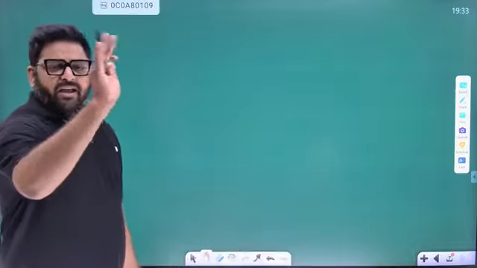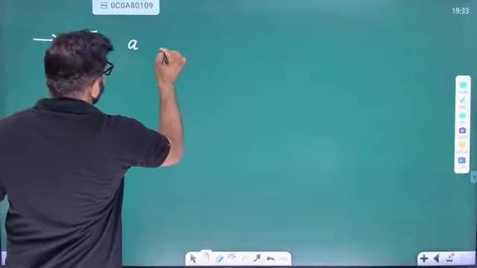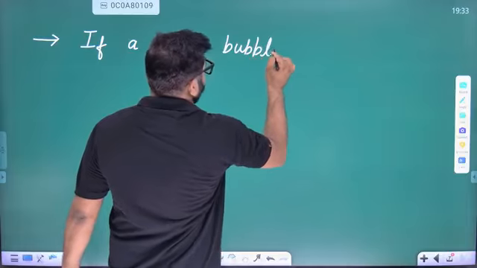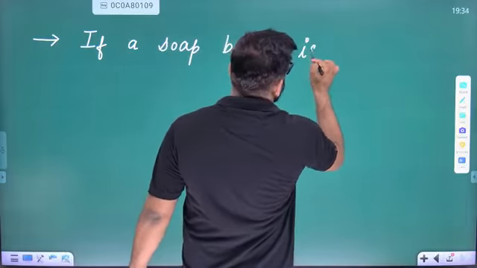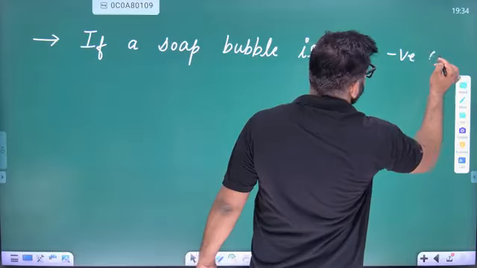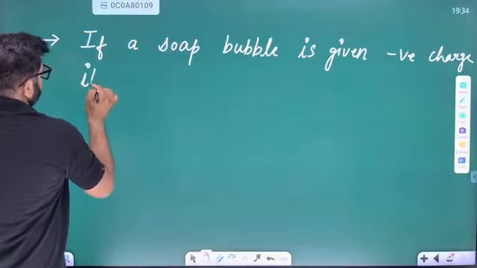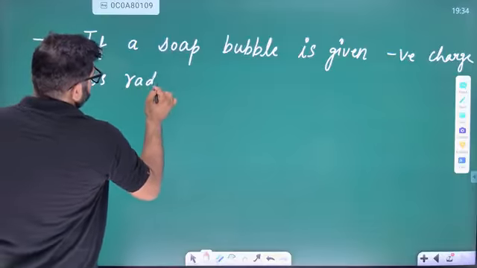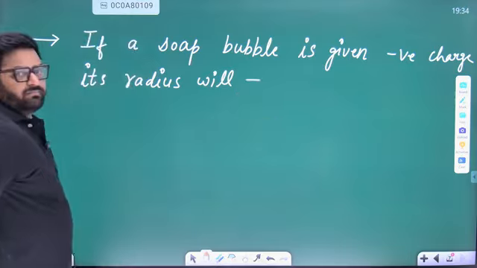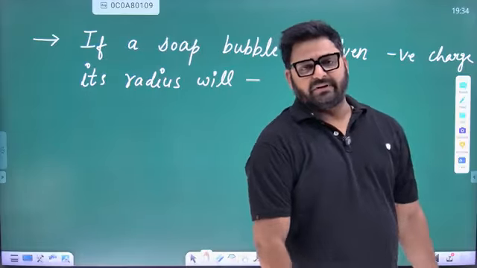Okay, if a soap bubble is given negative charge, its radius will... What will happen to its radius?